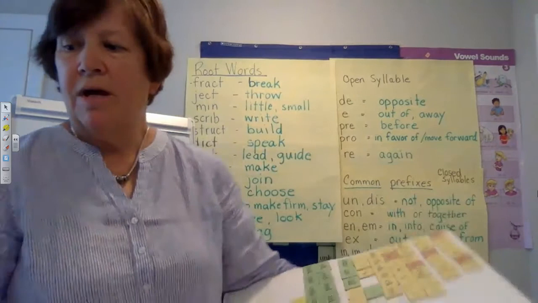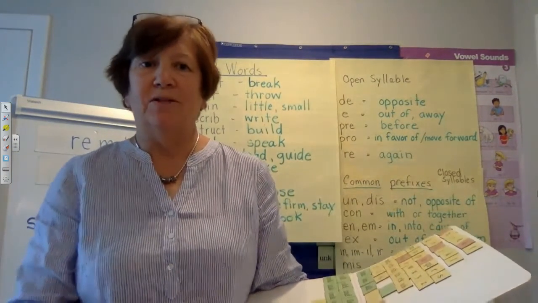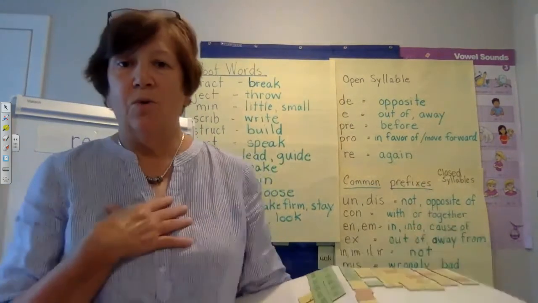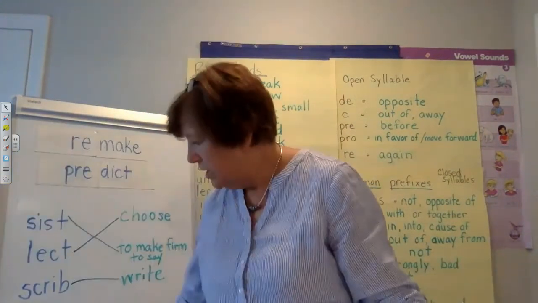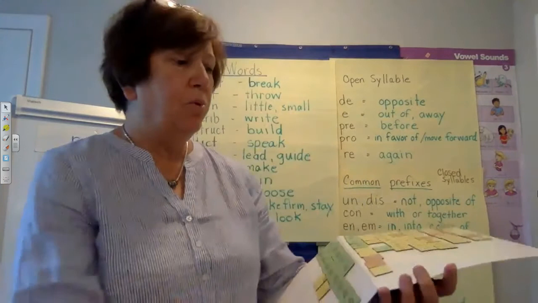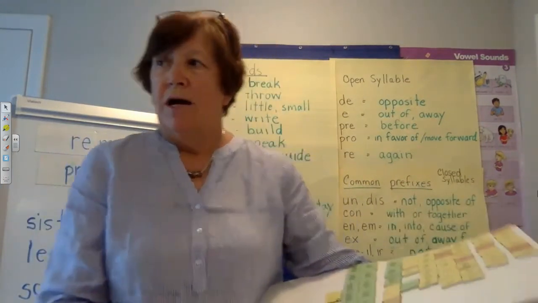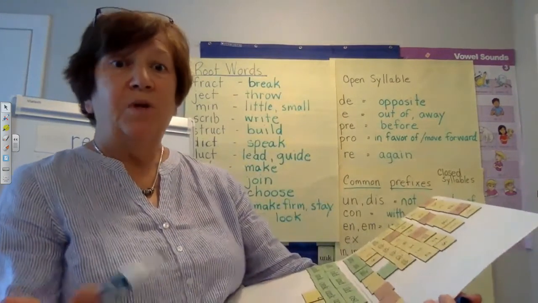Great. Now let's go ahead and spell a few words and also see if we can think of the meaning of these based on what we know about some of the roots and the prefixes. I'm going to say a word. I want you to repeat it. And you might need a marker so that you can put the syllables on your board to help you break it down into syllables. Let's try reject. Say it. Reject. Good.